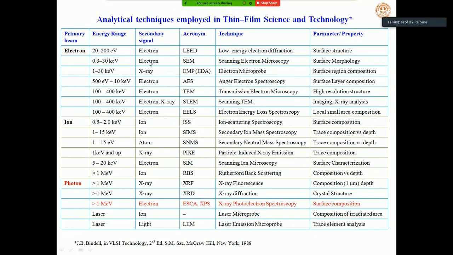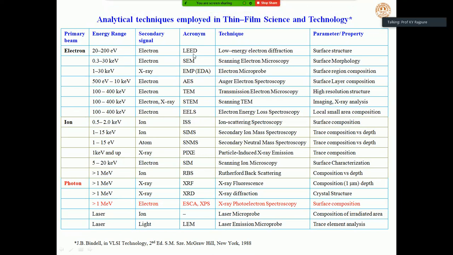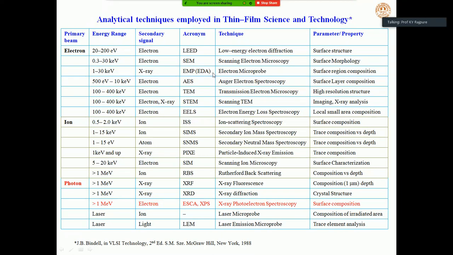And not only that, depending on the energy carried by the primary beam. For example, electrons having energy between 20 to 200 electron volt, the secondary signal, if it is electron, is called LEED. Then up to 30 keV, SEM. Then 1 to 30 keV, EDA.